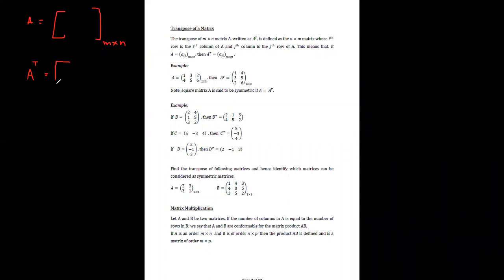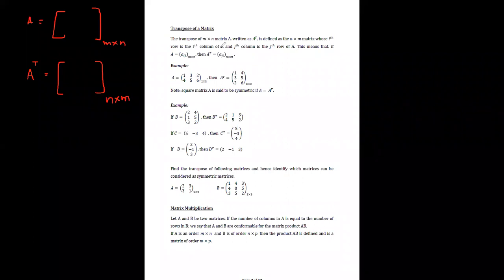Therefore, according to the definition given, you can see that the number of rows and columns are interchanged. Therefore, the number of columns in this matrix will become the number of rows in the transpose matrix, so this will be an n by m matrix. The number of columns in the initial matrix becomes the number of rows in the transpose matrix. Then we can say A transpose is an n by m matrix.